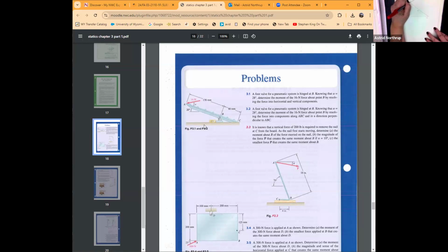And we're told that the distance along the foot pedal from A to B is 170 millimeters. And the distance along the foot pedal from B to C is 80 millimeters. And it says it's hinged at B, knowing that angle alpha is 28 degrees. And we're told that that is 20 degrees.